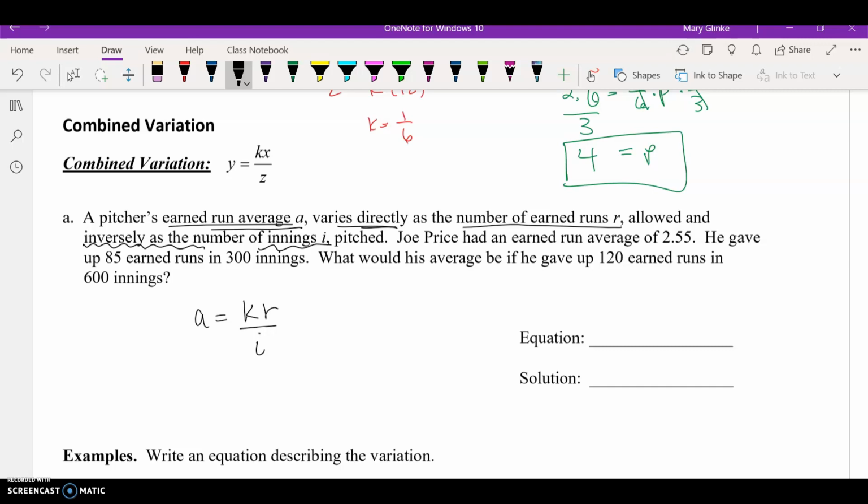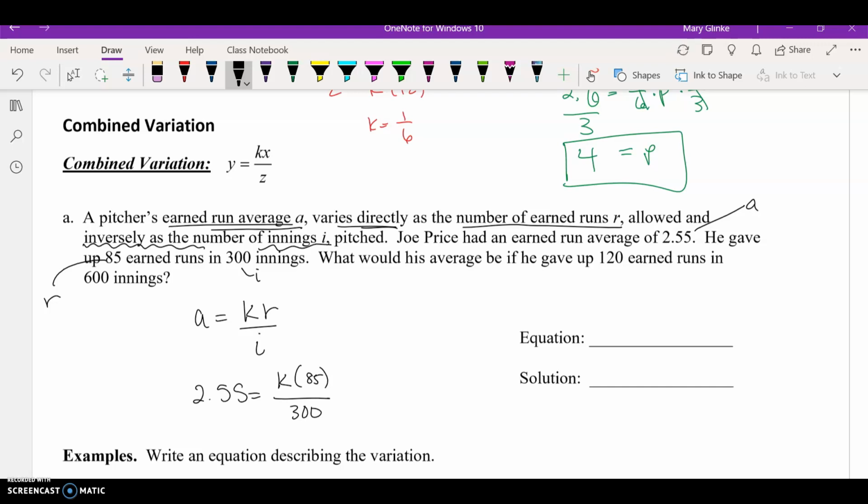We have Joe Price. He has an earned run average, in this case your A value, of 2.55. We don't know what our constant of variation is. The 85 earned runs is up top for R, and your innings is 300.